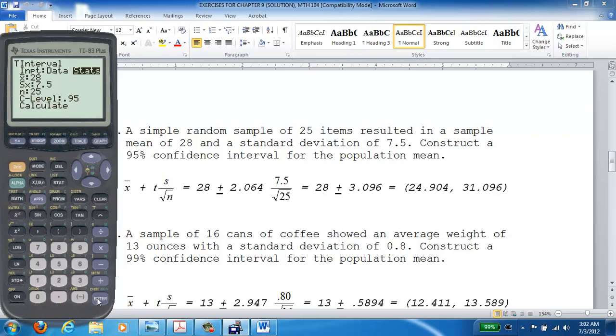Click calculate. If we do it manually, the answer is 24.904 to 31.096, exactly the same as using the graphing calculator.